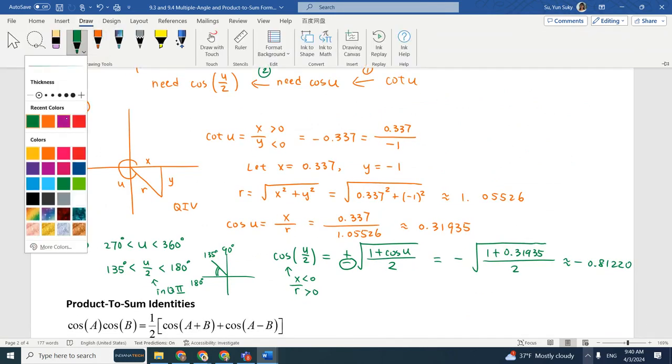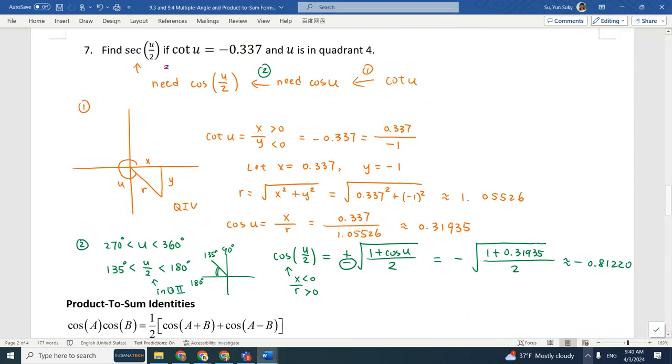Okay, finally, I got my cosine. Now I can find the secant. What is secant u over 2? Exactly. So 1 over negative 0.81220. Put this in your calculator.